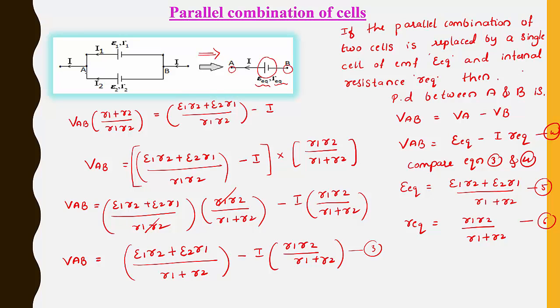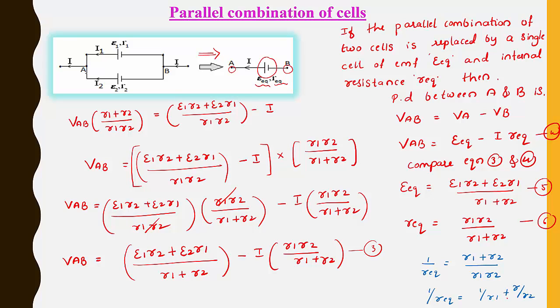This equation can also be rewritten by taking the reciprocal: 1 by R_EQ is equal to (R1 plus R2) divided by R1 R2. It is just like an LCM. So we can write 1 by R_EQ equal to 1 by R1 plus 1 by R2.